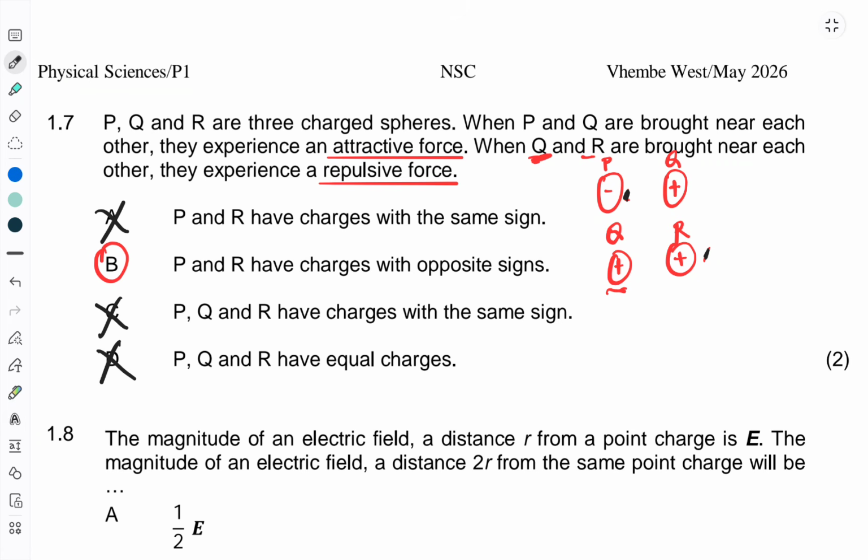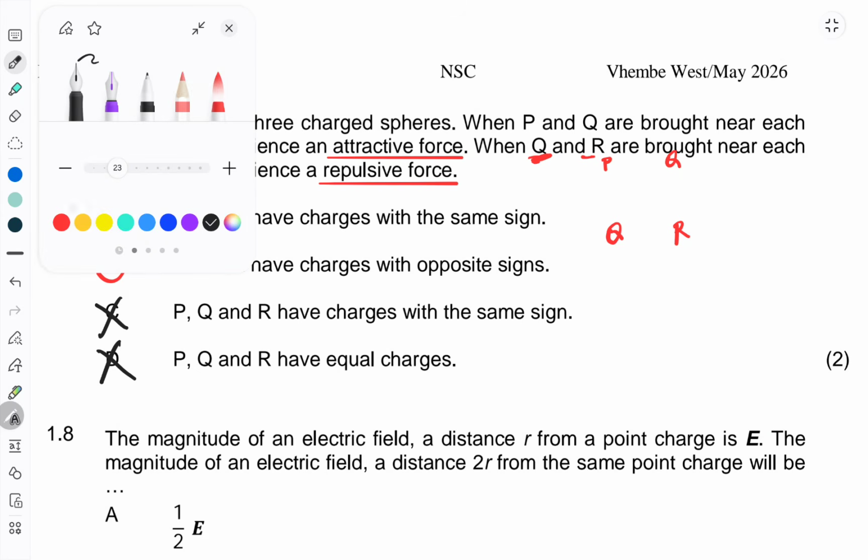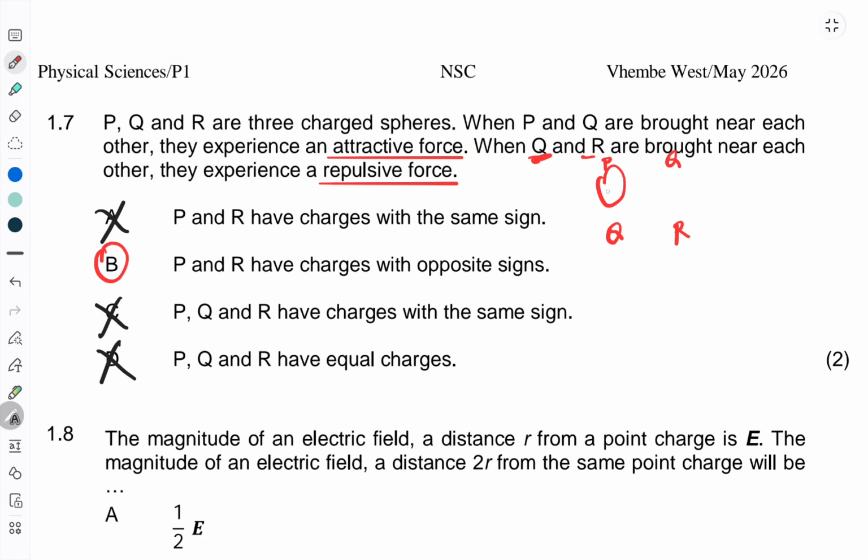Even if you changed and said, let's assume P was positive, you'd get to the same conclusion. If P is positive, for it to experience an attractive force due to the presence of Q, Q would have to be negative. If Q is negative, for Q and R to repel, R would also be negative.